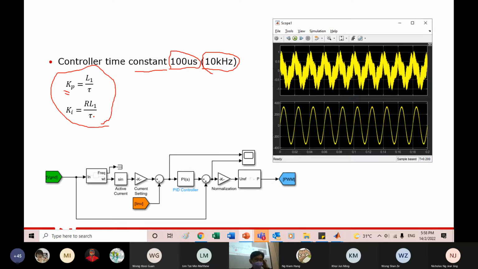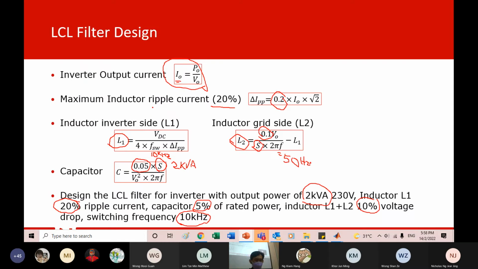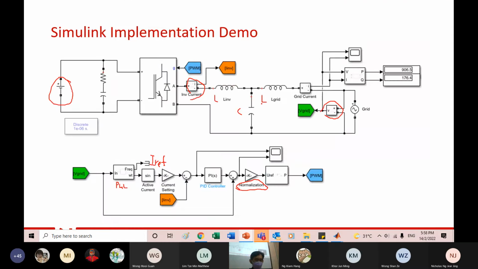Now this R, you will see, where did R go? There's no R. As we know, a real inductor actually has a series resistance. It's wire, so it has resistance, but the resistance is so small, usually like 1 milliohm, that people just assume it's 0.